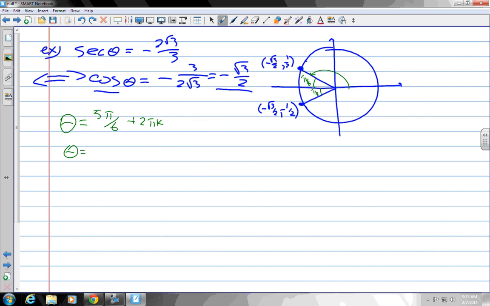And the other angle, I need to go a full pi and then pi over 6 more. So it's pi plus pi over 6, right? So it's 7 pi over 6, plus 2 pi k.